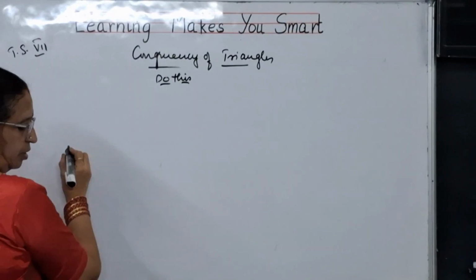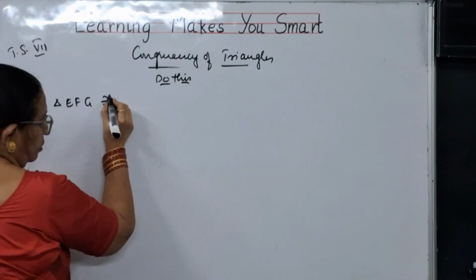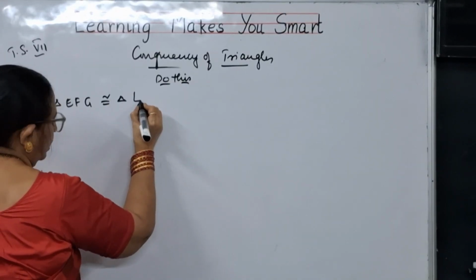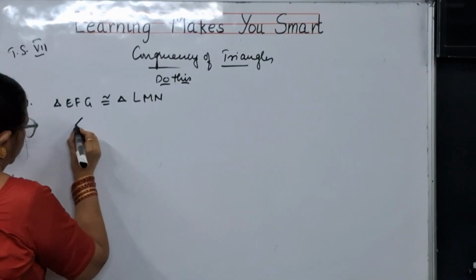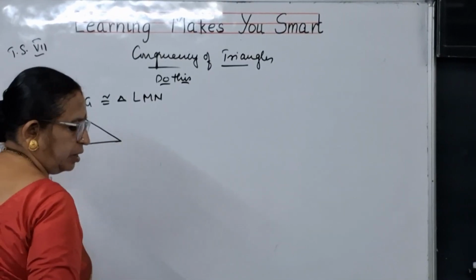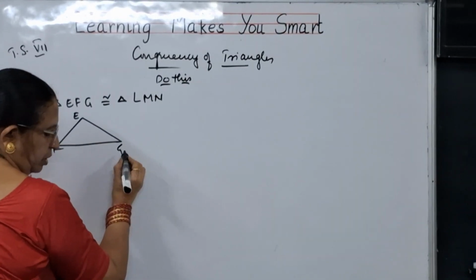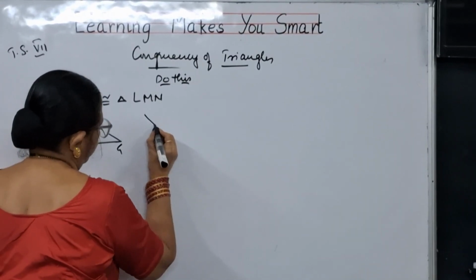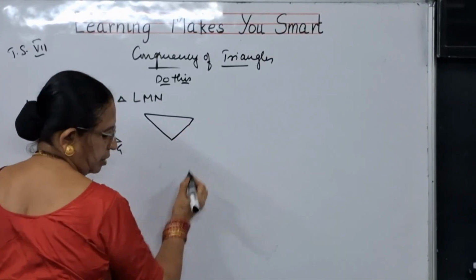The first one: triangle EFG is congruent to triangle LMN. How have they given it? See, this is one triangle they have given, EFG, and another triangle is given in this way.